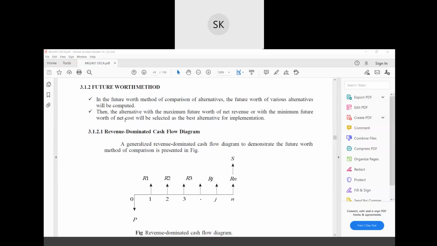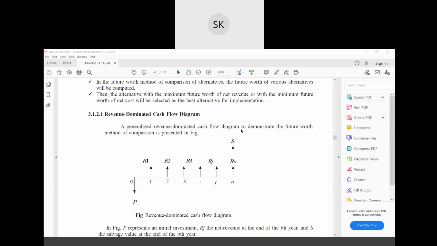The alternative with the maximum future worth of net revenue or the minimum future worth of net cost. When the term revenue comes, it should be maximum, and when the term cost comes, it should be minimum. Obviously, you should spend less money but get more and more profit. That will be the best alternative for implementation.